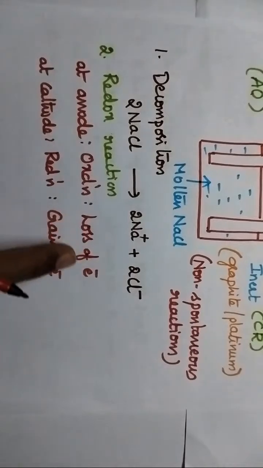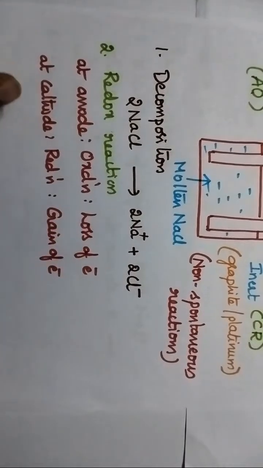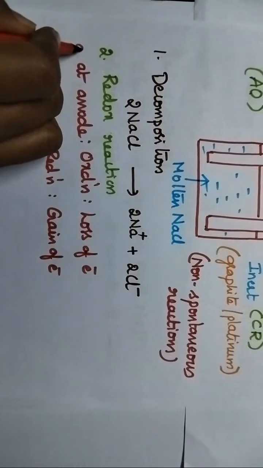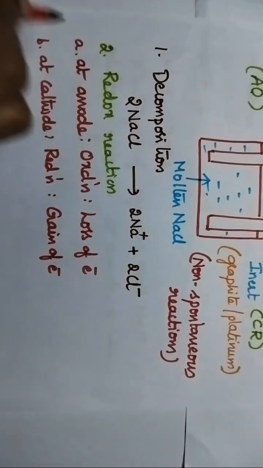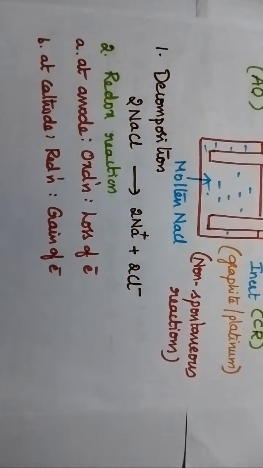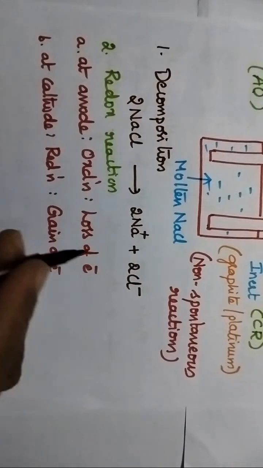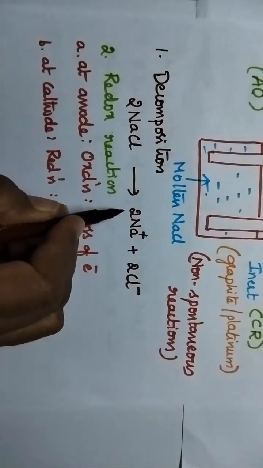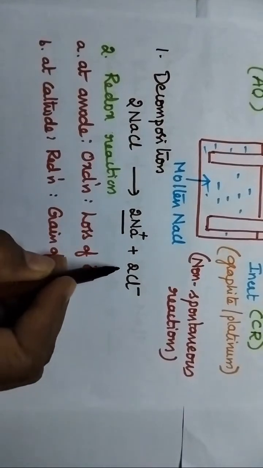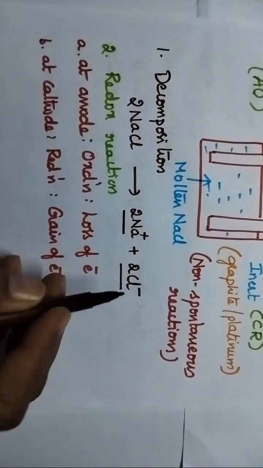Oxidation means loss of electrons, and at the cathode, reduction takes place. Reduction means gain of electrons. So always remember, the ions will move to their oppositely charged electrodes. Cations will move towards the cathode, whereas anions will move towards the anode.